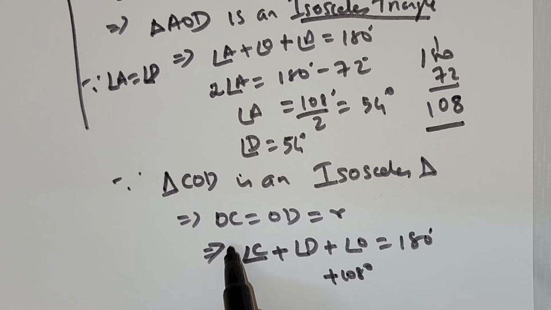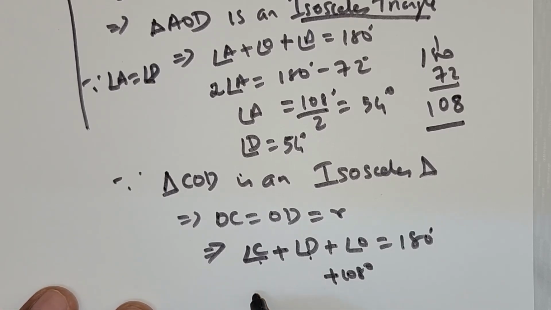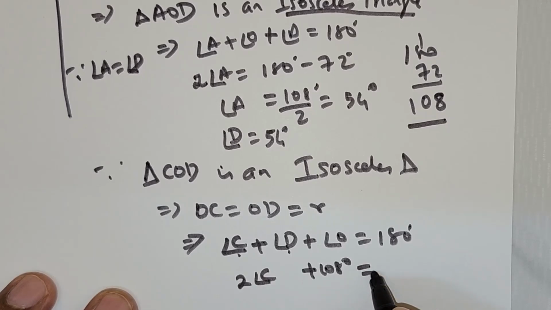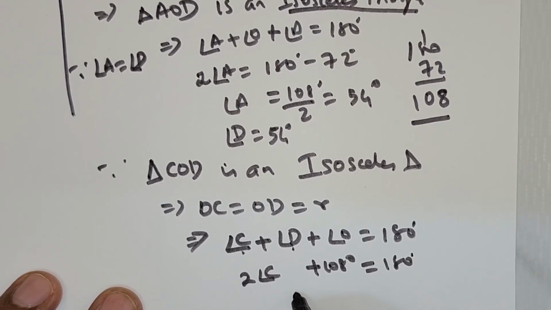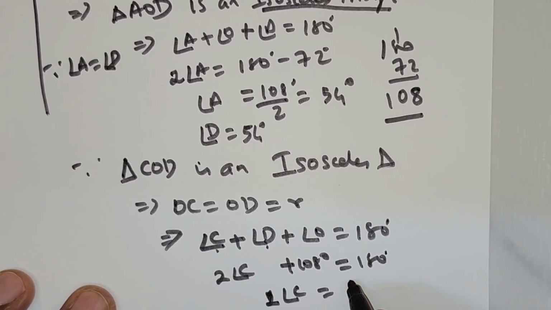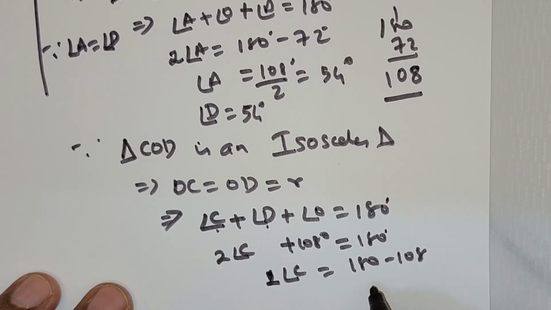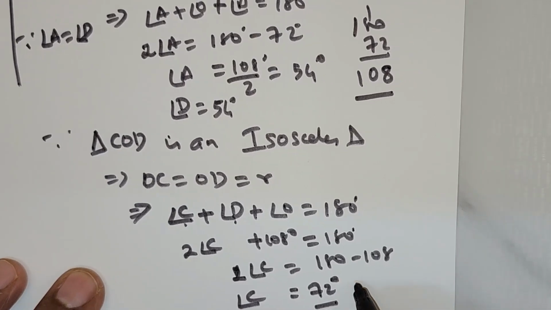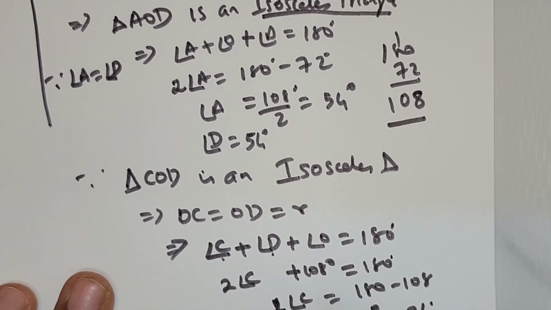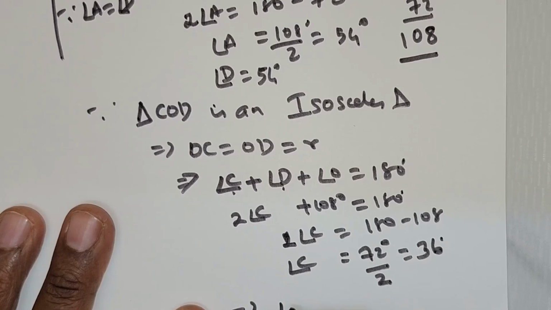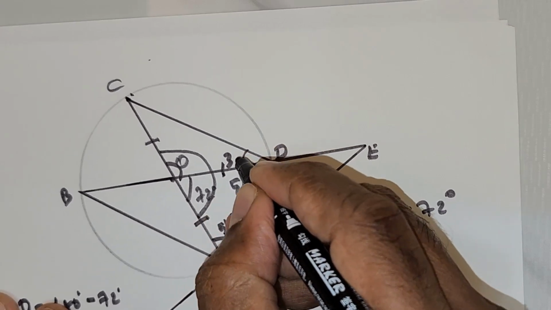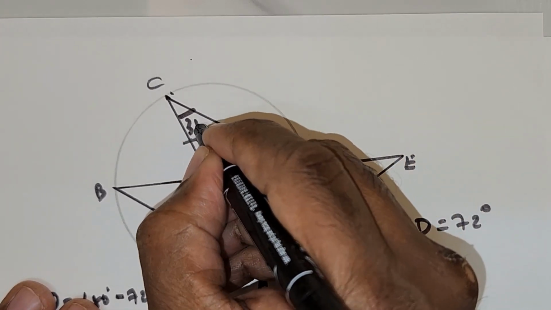Now since angle at C and angle at D are going to be the same, I can write this as 2 times angle C is equal to 180 minus 108, and that is going to be 72, right? 72 degrees, you need to divide by 2. So that's going to be 36 degrees. So this means angle D will also be 36 degrees. So this is 36 degrees and this is 36 degrees.